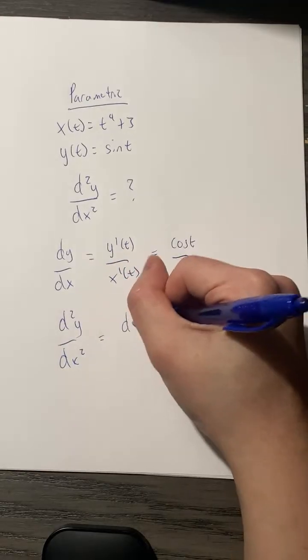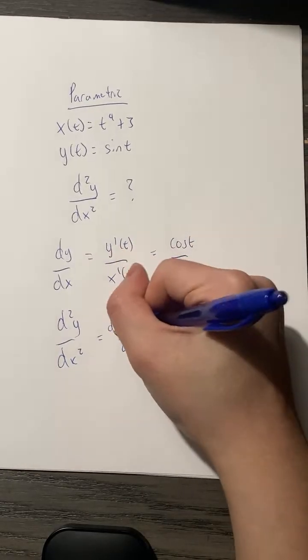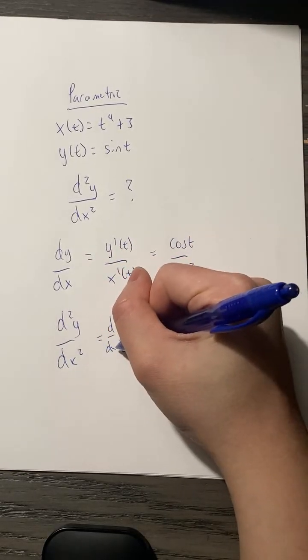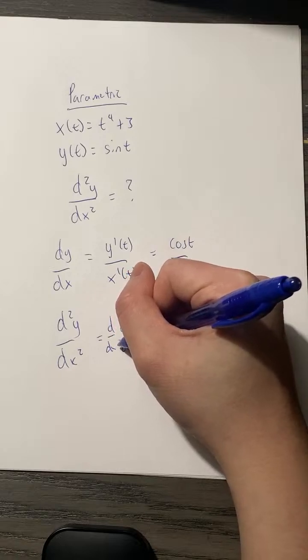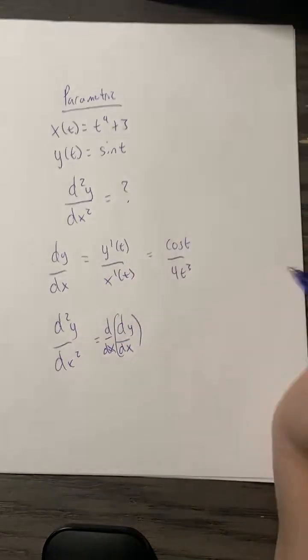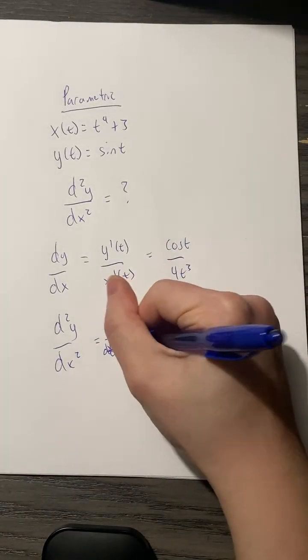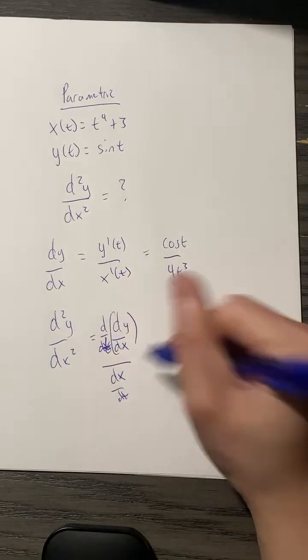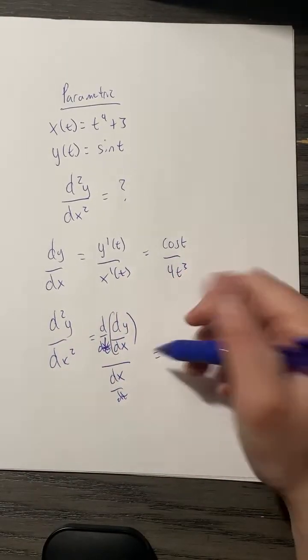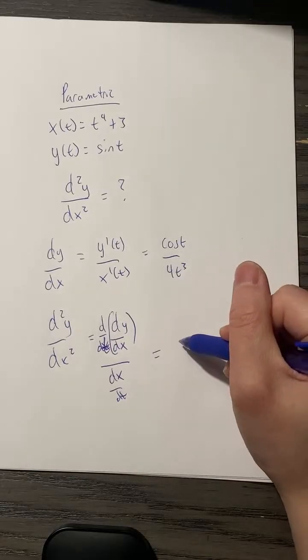So it's going to be dy over dx, the derivative of this, and then you have to randomly divide by dx dt. And notice that the t's will cancel. So take the derivative of this one and then randomly divide by dx dt.